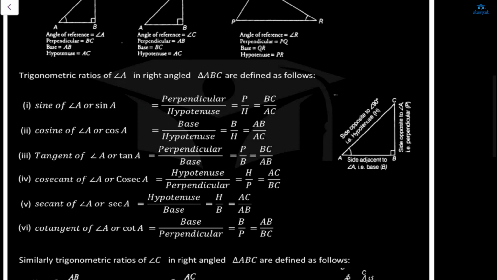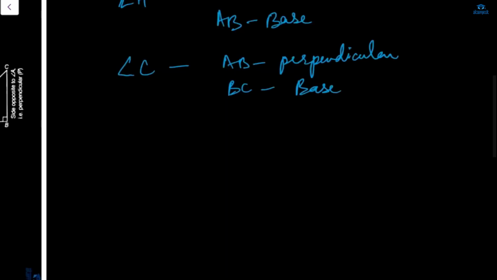In short form, we don't write sine, cosine, tangent completely. We always write sine A, or it can be B, depending on the angle.